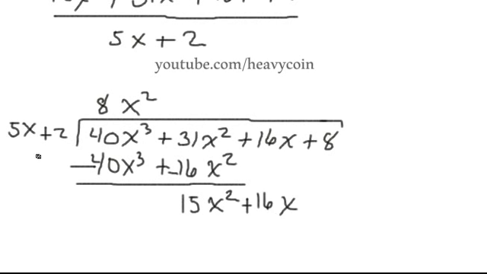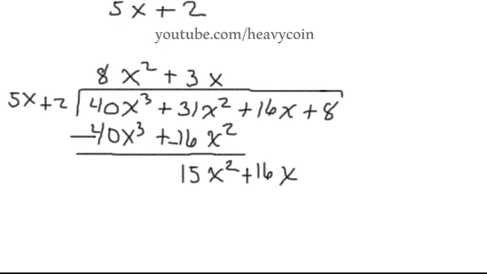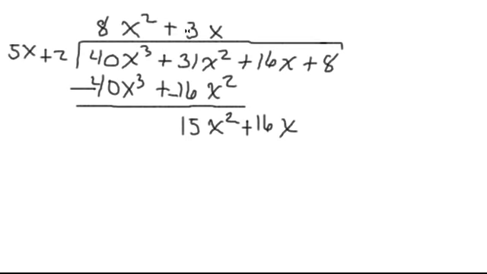Alright, so now we start over again. So 5x goes into 15x squared. And that's going to be 3x. So then we take 3x times 5x, and so we get 15x squared, and 3x times 2, which is 6x.